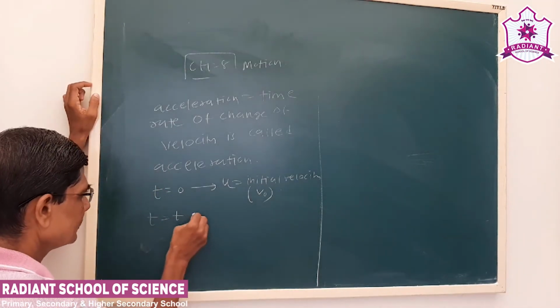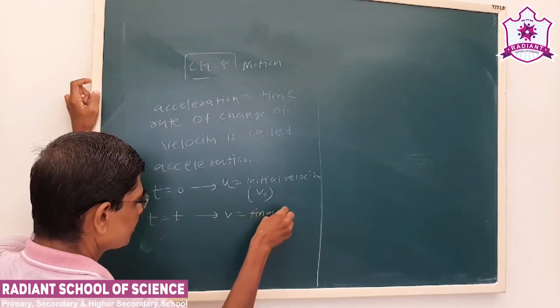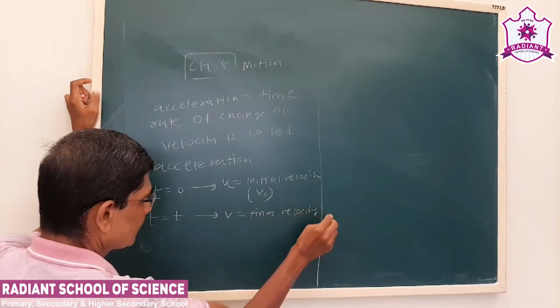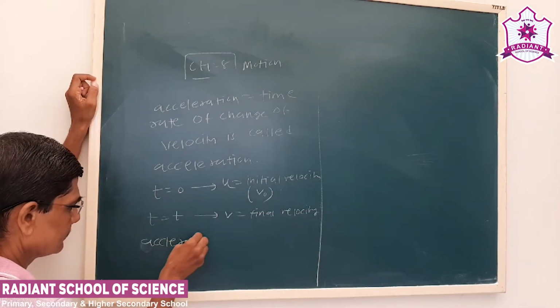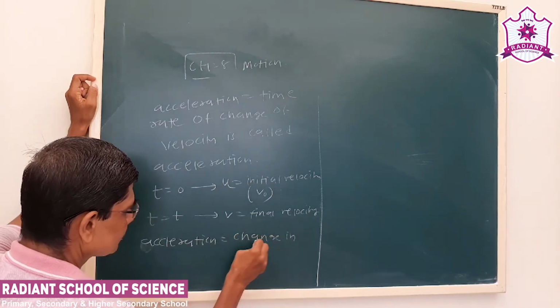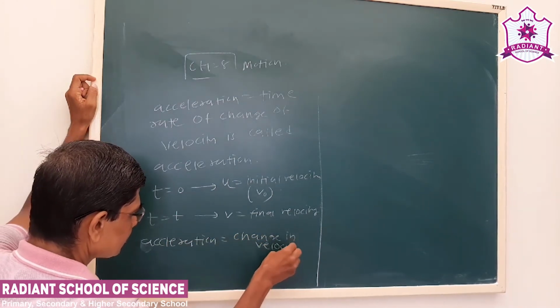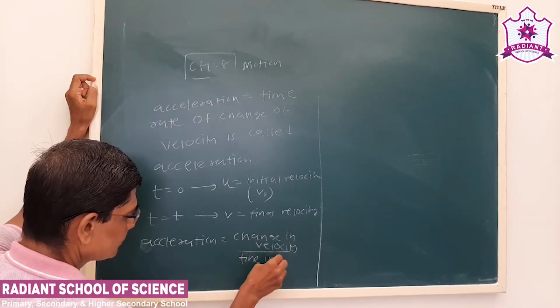At time t, the velocity is v, that is final velocity. See, by definition, acceleration is change in velocity upon time interval.